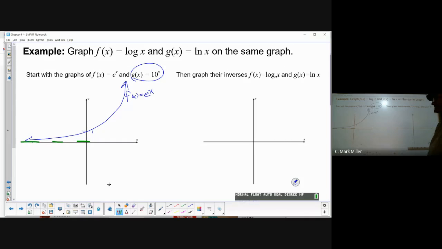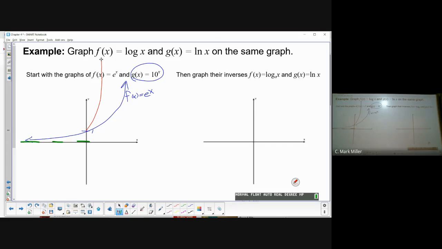How would 10 to the x go on there? Ten to the x for positive numbers would grow faster than e to the x. So on the right side, 10 to the x is going to grow much faster.